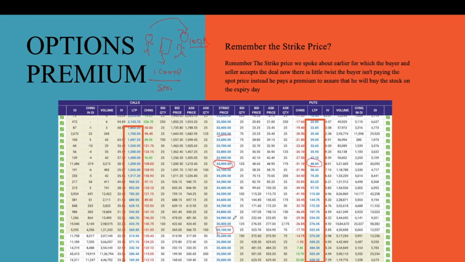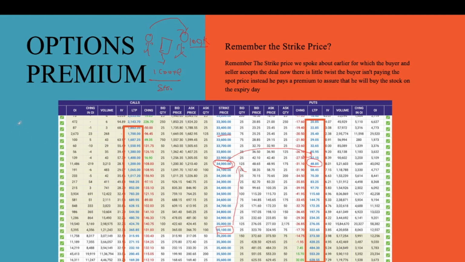So what I'm actually doing is simple, guys. I'm telling the seller that on this particular day, the stock will buy at this price. That means we are exercising a contract, and I'm paying a premium of 48 rupees, to say it in a very simple way.